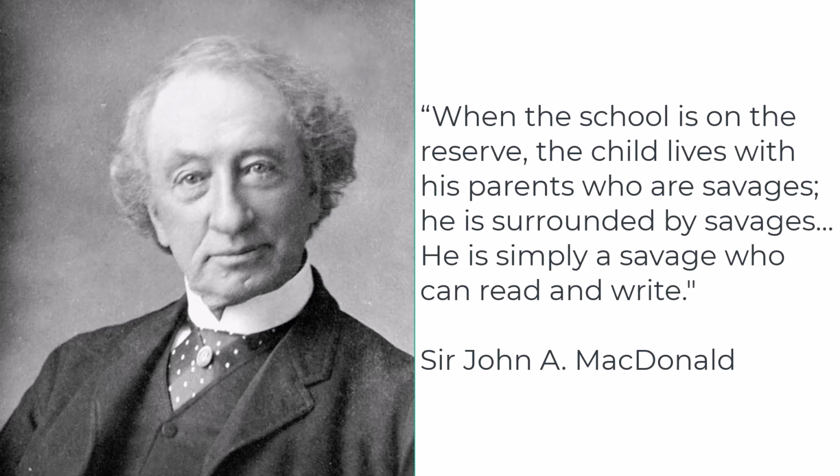And one way to do it was to take the children away from the parents. The children would be sent to these residential schools. In the residential schools, they contracted churches in Canada to run these schools. And so the focus was to assimilate them.